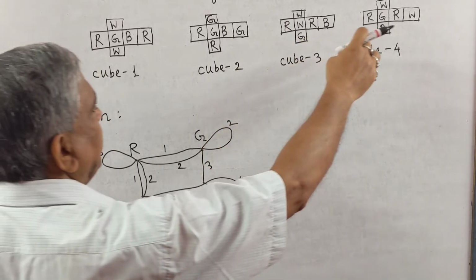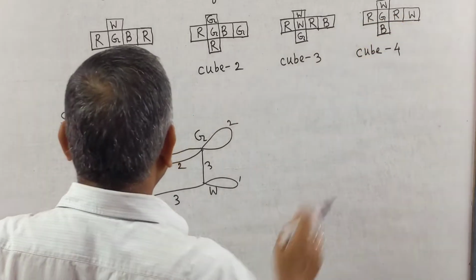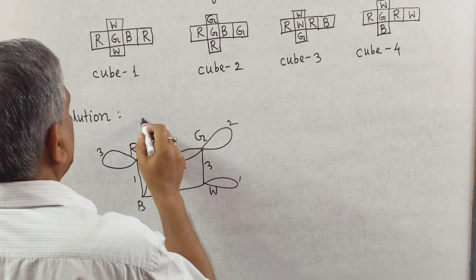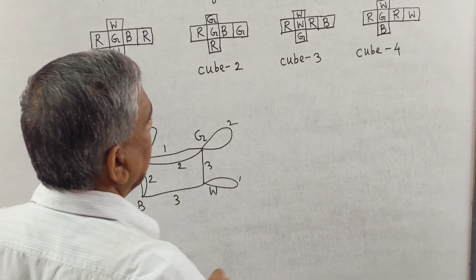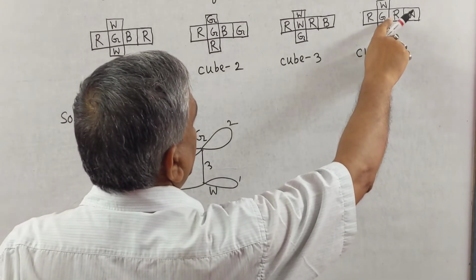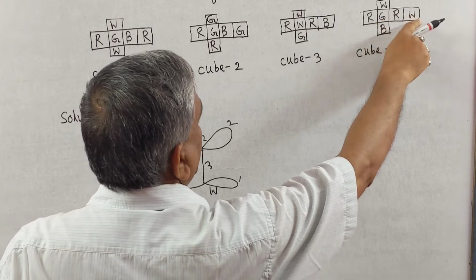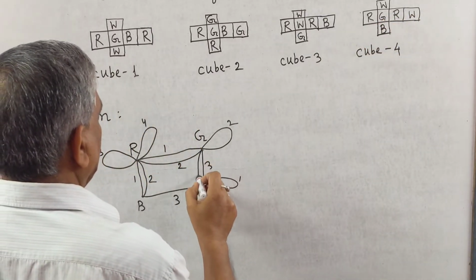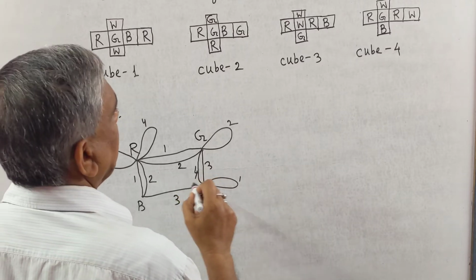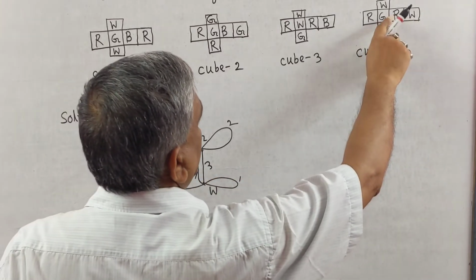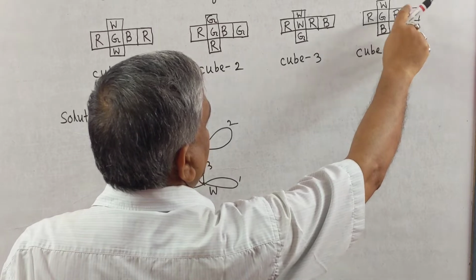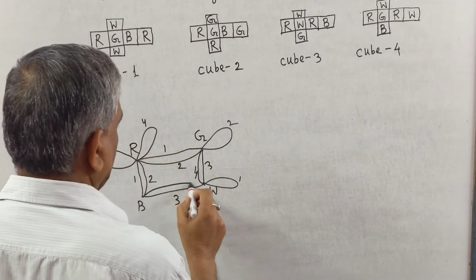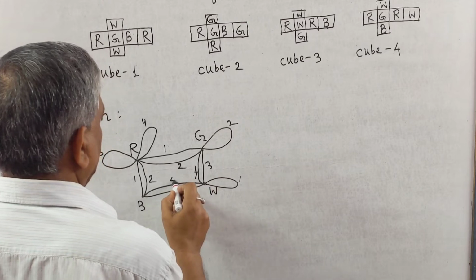Now we take 4 number. R and R, we get again R and R. This is 4. Front and back, G and W. This is 4. Top and bottom, W and B. This is 4.